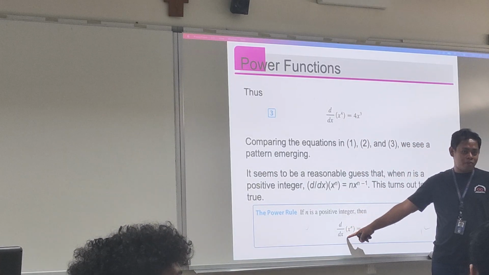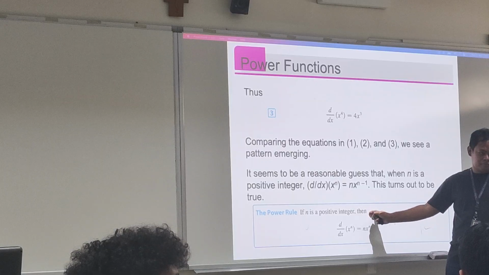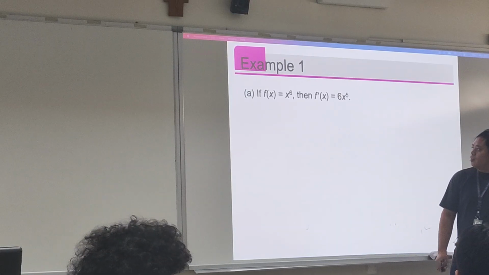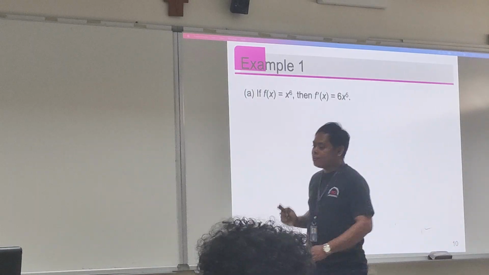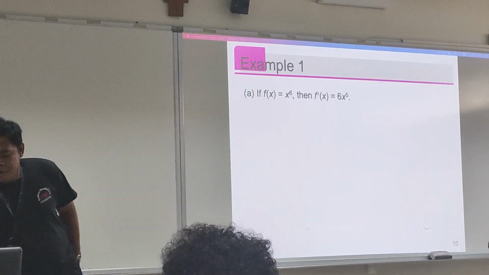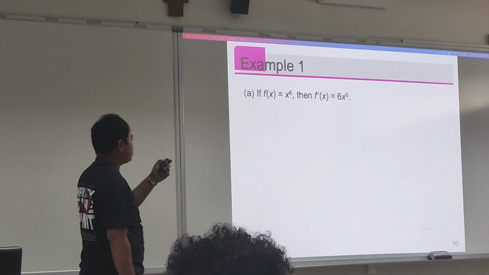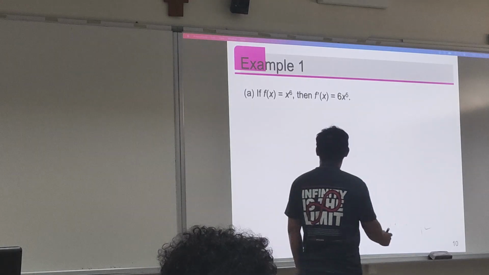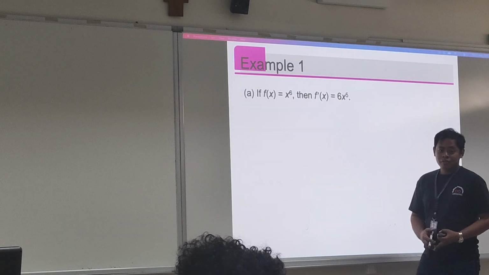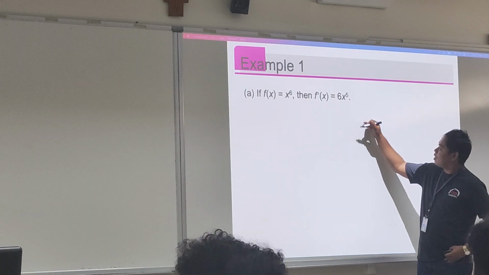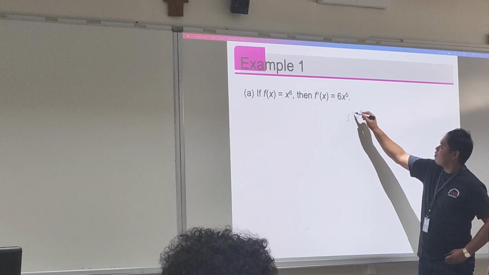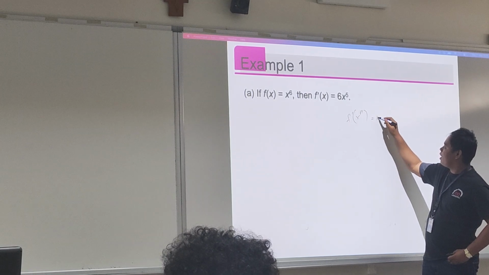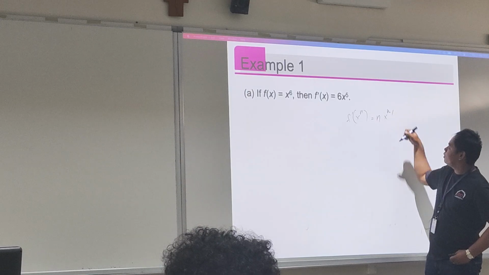So take note of this formula. Let's give an example. If your given function is x raised to 6, what is f prime of x? By the power rule, it is n times x raised to n minus 1.